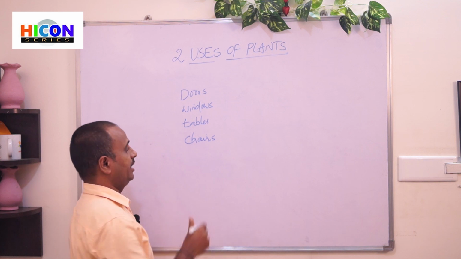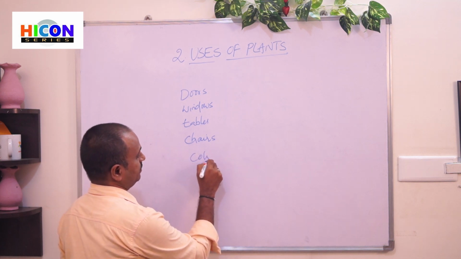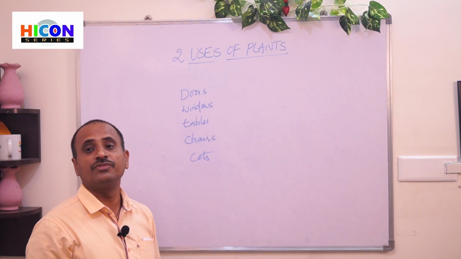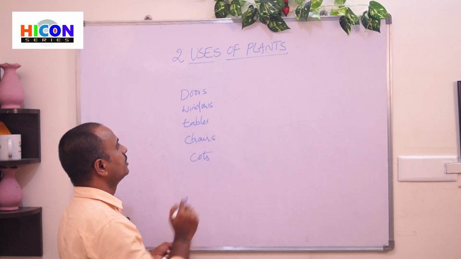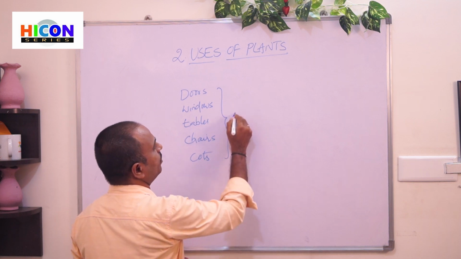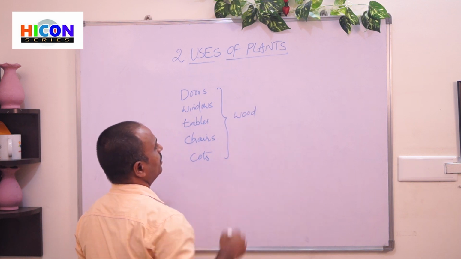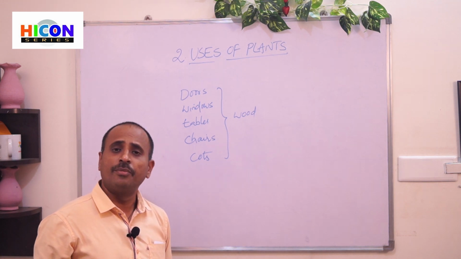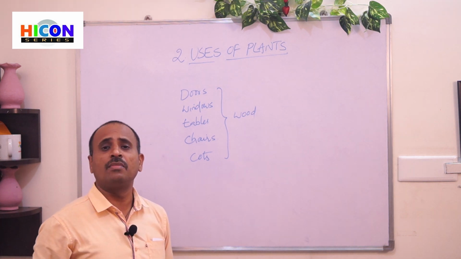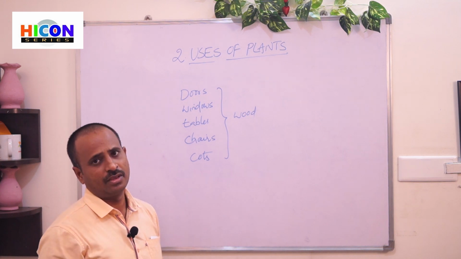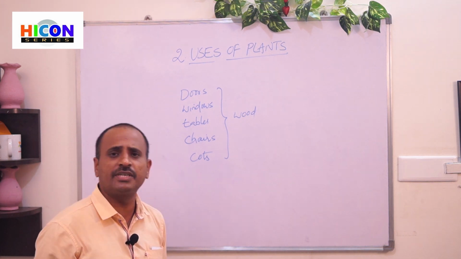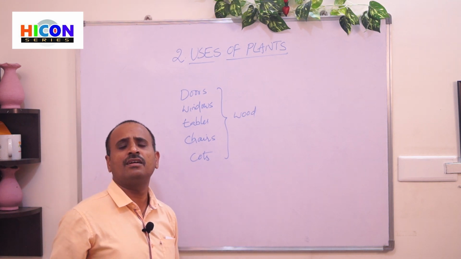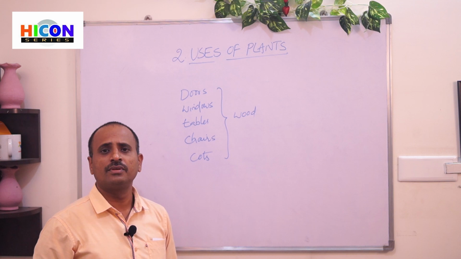Chairs and beds, that means cots. So there are some materials in your house which are made up of wood. And some are made up of iron, and some are made up of rubber, and some are made up of plastic. Among all these objects, these doors, windows, tables, chairs, cots, etc., items are made up of wood.